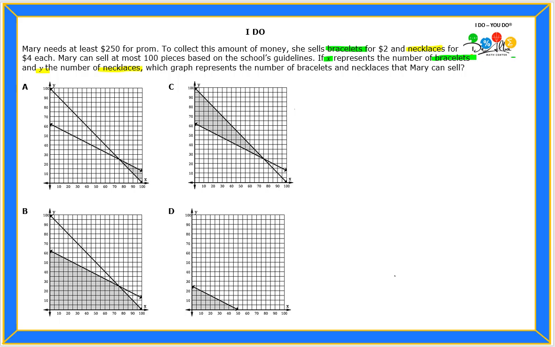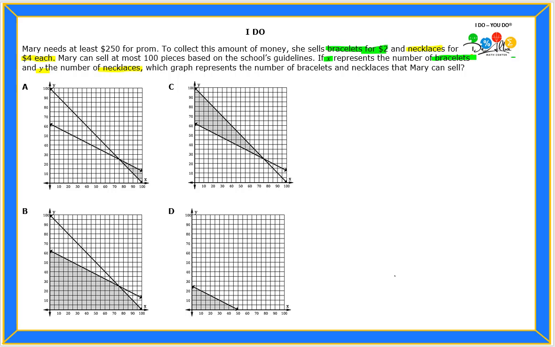So I'll also consider how much money each one of them is. The necklaces are going to be $4, and the bracelets $2. And it says that she needs at least $250 for the prom.